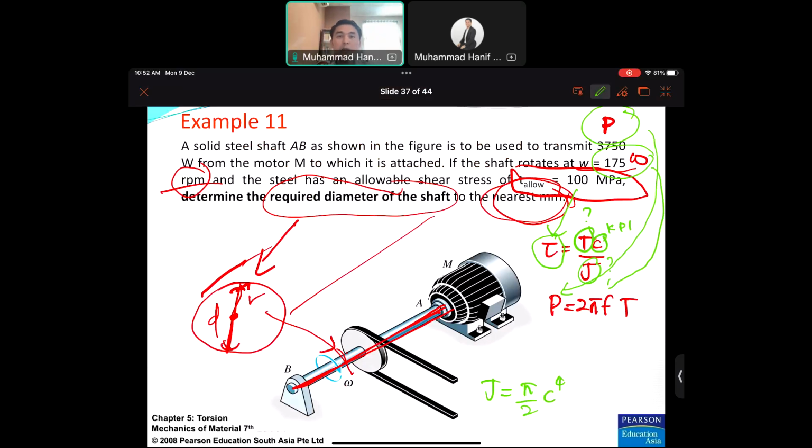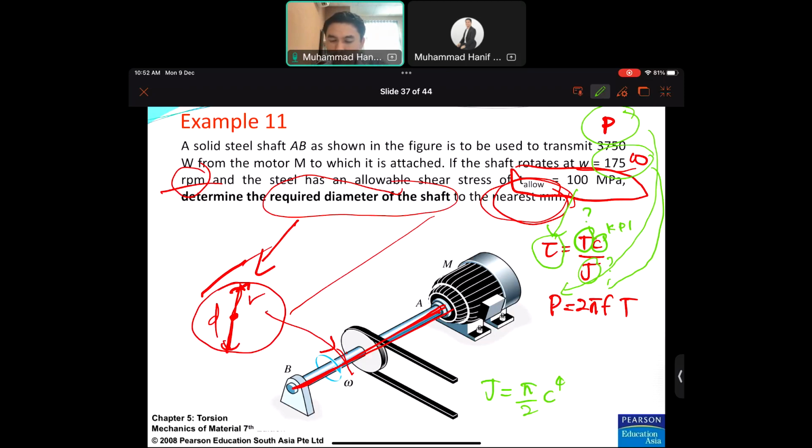This is only briefing or brainstorming the idea on how to get the value. Once you are familiar with the idea and the equations, then you can start with the solution. So what to do now? We solve the T first, we find the T value first.